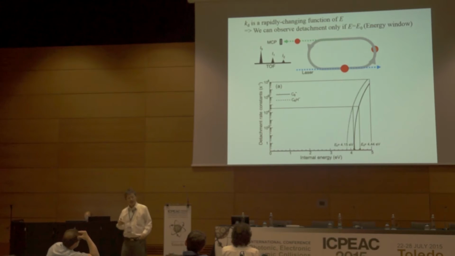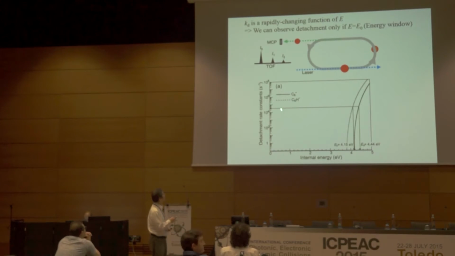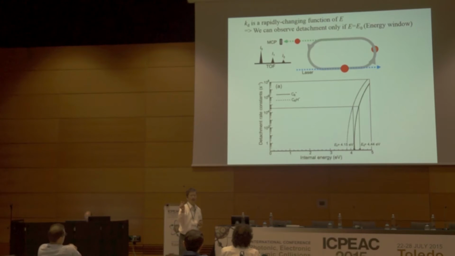And the detachment rate is a sharp function of the internal energy because these are small clusters. So the rate is converted to the energy. The energy range is very small, just above the detachment threshold. So we call it the energy window for the detection, and denote it by E0.